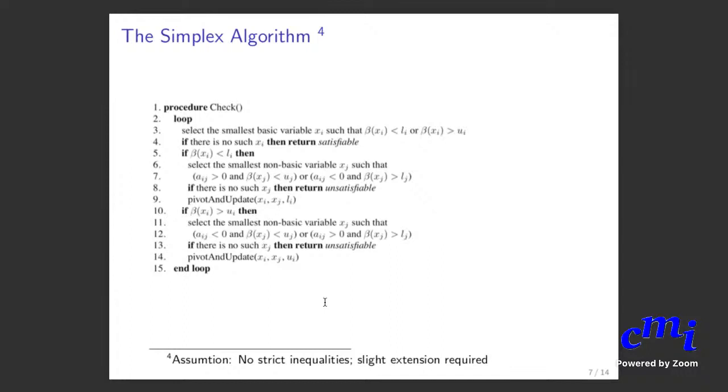As long as it's less than its upper bound, you pick it and adjust it as much as you can. As a result, you may drive the non-basic variable beyond its upper bound. That's why you pivot it. Or if the coefficient is negative, then you have to decrease the value of the non-basic variable in order to increase the basic variable.